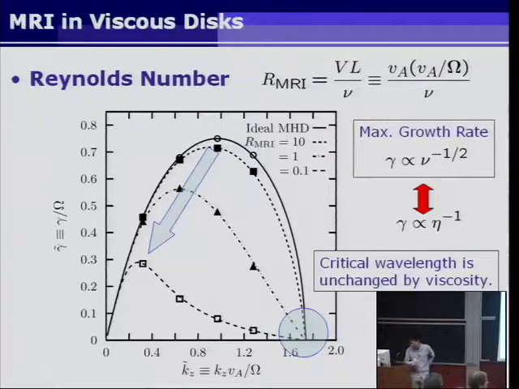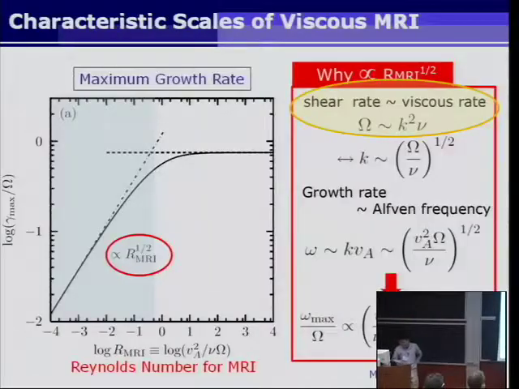So we consider the origin of this difference. This is the growth rate as a function of the Reynolds number. In the viscous dominant regime, the slope is proportional to this number.